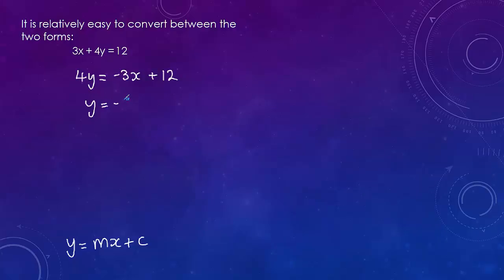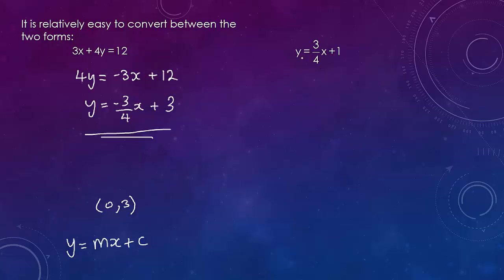So y is negative 3/4 x, and 12 divided by 4 is 3. And then it's in gradient intercept form, and I can easily read off that the gradient is negative 3/4, and it will cross the y-axis at (0, 3).